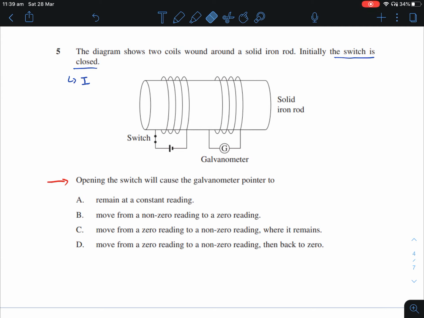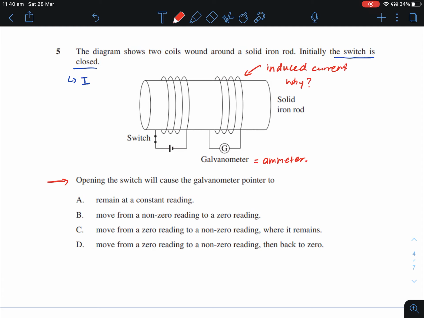So this galvanometer over here, remember a galvanometer is just an ammeter. It measures current. It's going to be measuring the current in this coil. And what's going to happen? There's going to be induced current in this coil. Why?